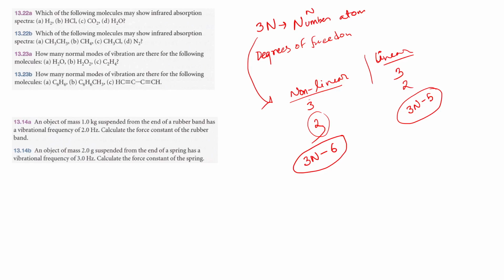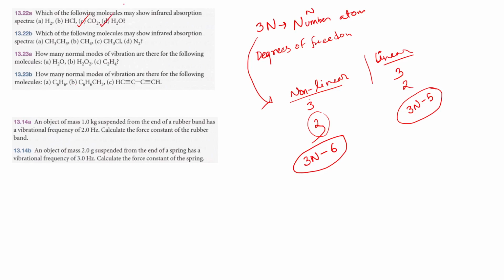The question is that CO2 is going to be infrared active because when it oscillates, your dipole moment is going to change. What about H2O? There can also be a change.